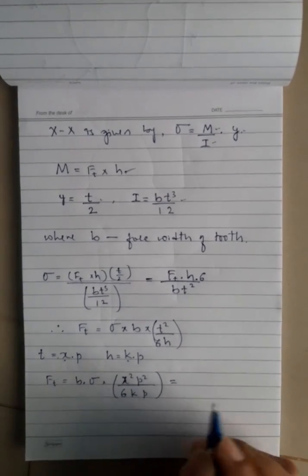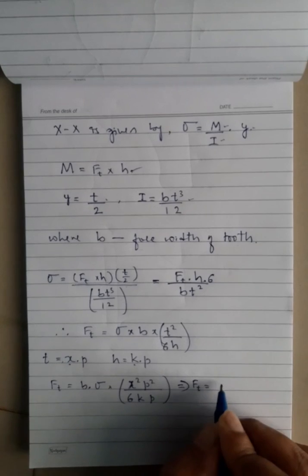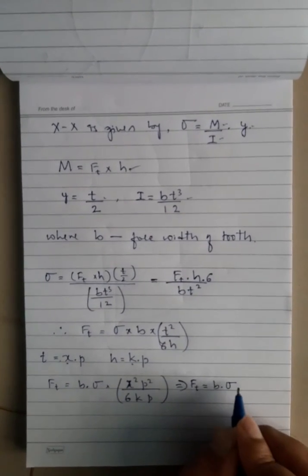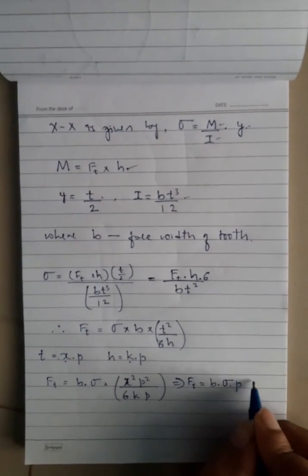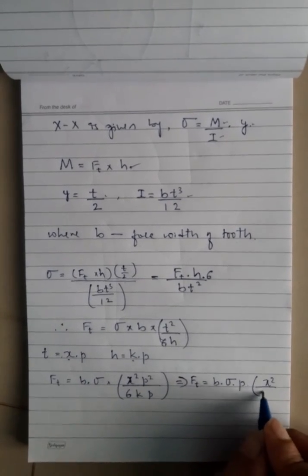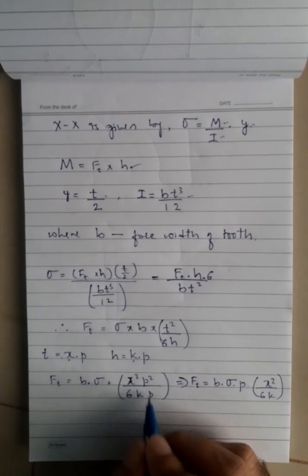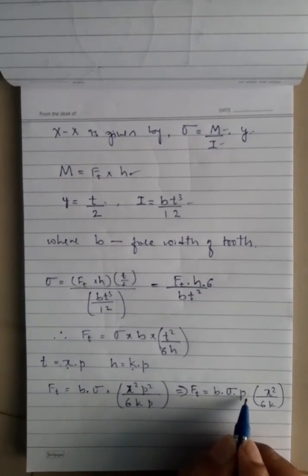On further simplification, we can write Ft is equal to b into sigma into p into x squared divided by 6k, that is cancelling one of the p here and bringing the circular pitch outside.